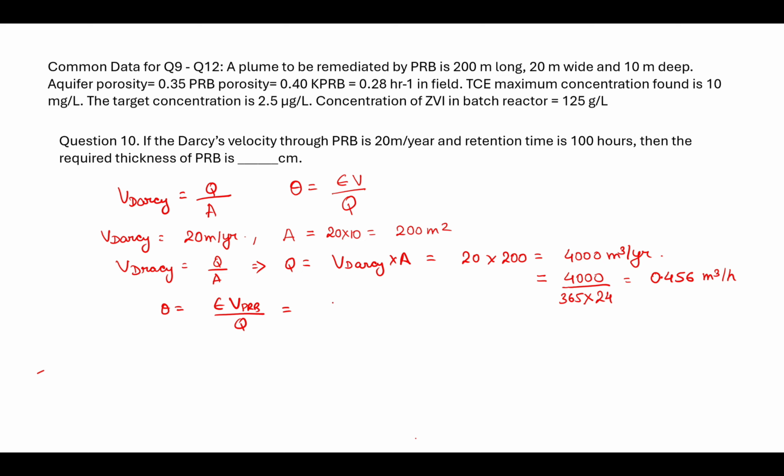Porosity into volume will be given in terms of width into depth into thickness upon Q. The type of PRB is not given, so we will consider the width and depth the same as given for the plume.